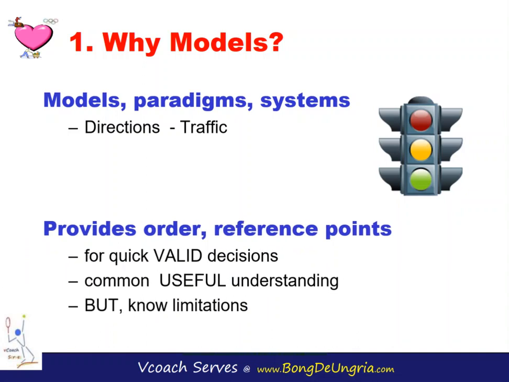So models provide good reference points for quick, valid decisions. They are commonly understood, but there are limitations. In our case, yellow means different things to different people at different times of the day. So models are useful, but they are also limited.